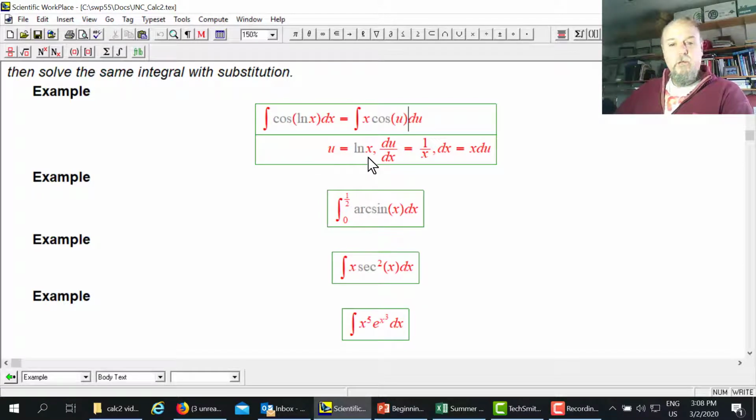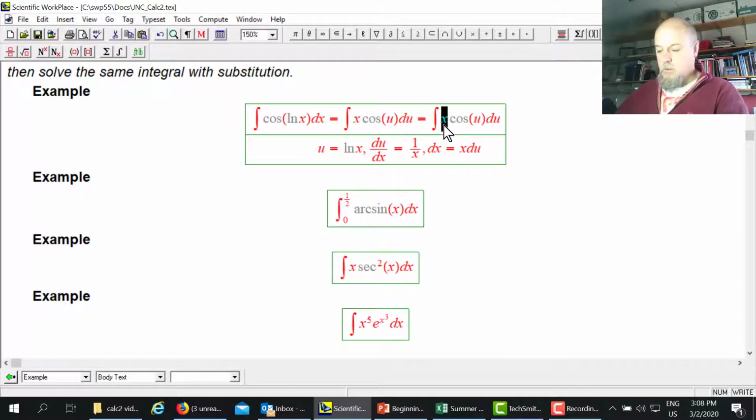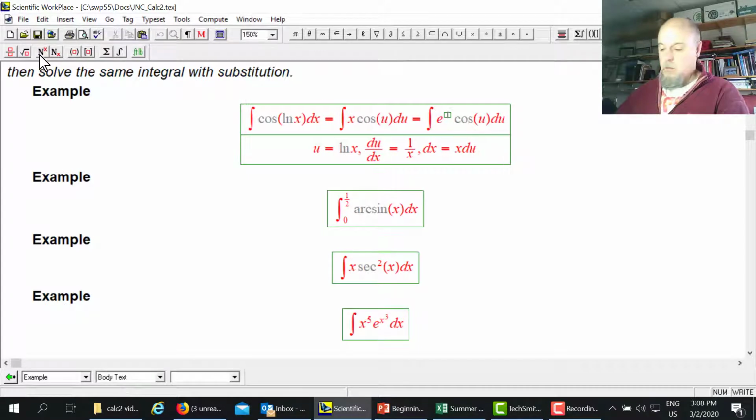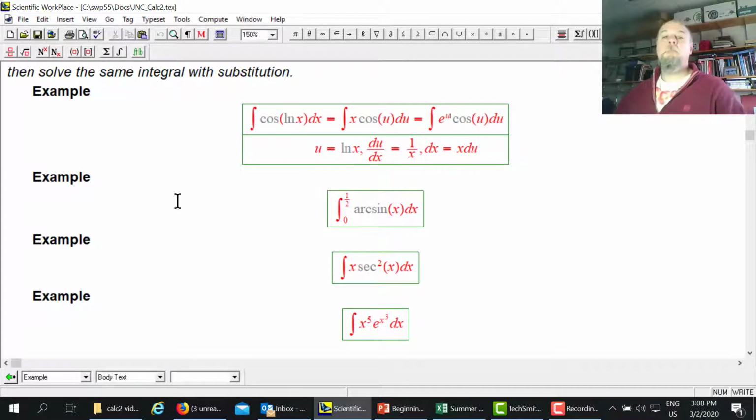If u is equal to ln x, then x is equal to e to the u. So after I do this substitution, my new problem is the integral of e to the u cos u du.